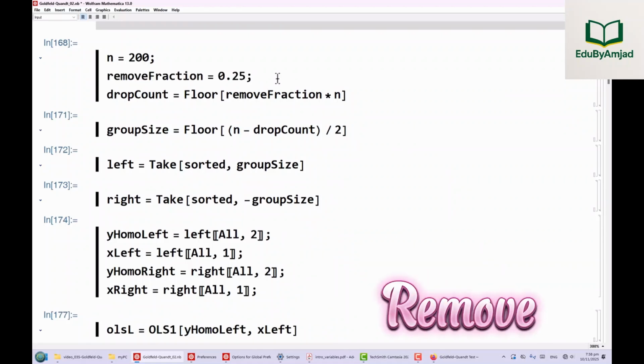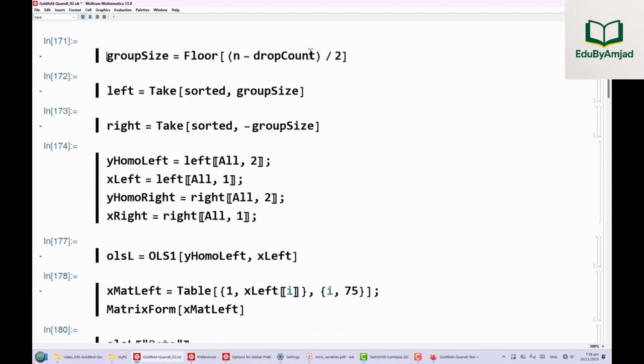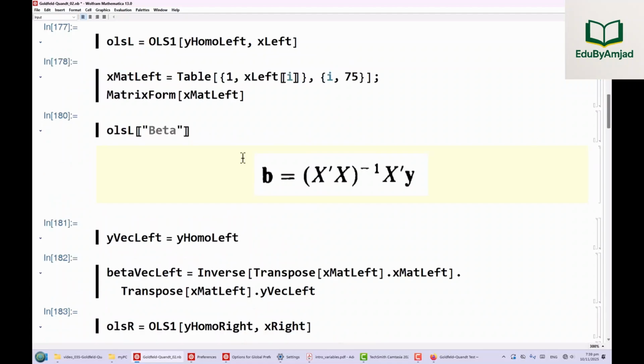Next, we remove 50 observations from the middle part of the data to create two groups. Again, we'll run separate OLS regressions for the two groups and compare their residual variances.